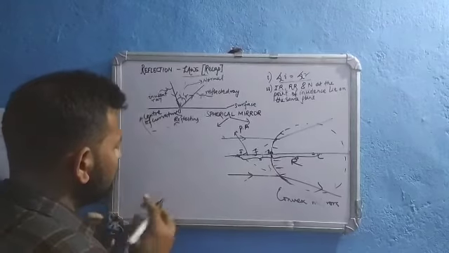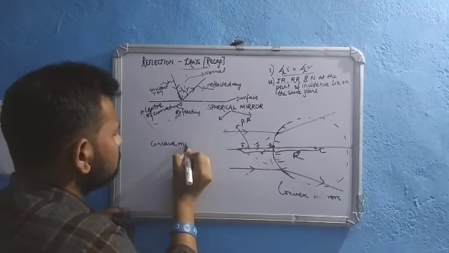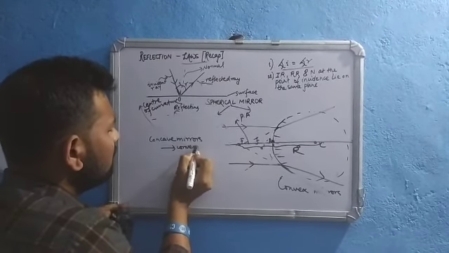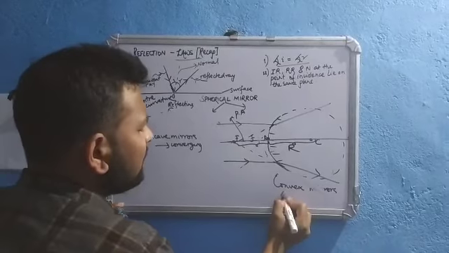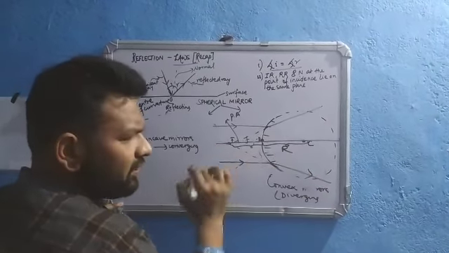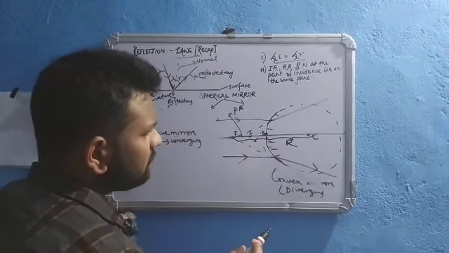So basically what we have discussed is that concave mirrors are converging in nature, and convex mirrors are diverging in nature. There is a center of curvature in each case, there is a pole, there is a principal axis, the axis which passes through the center of curvature.